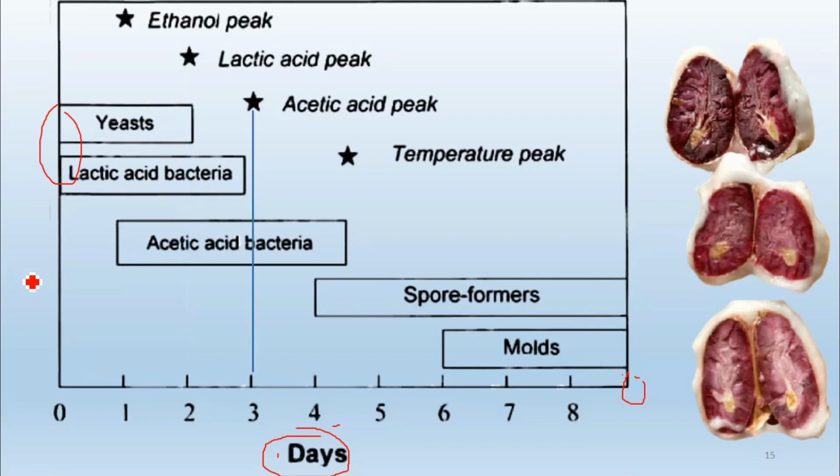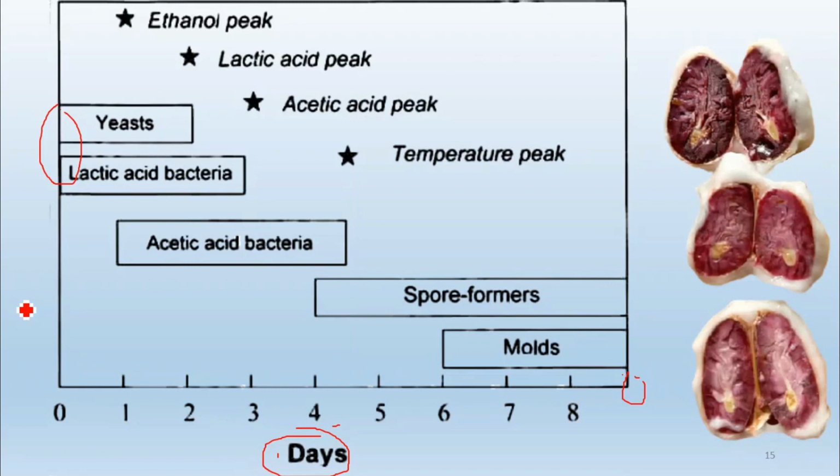Then comes the acetic acid bacteria, which produces acetic acid, and it will be maximum on the third day. And while all these agents are performing their duties, obviously they are raising the temperature, and the maximum temperature would be attained at the point where half of the fermentation is completed. So at 4.5 days you will get the maximum temperature.